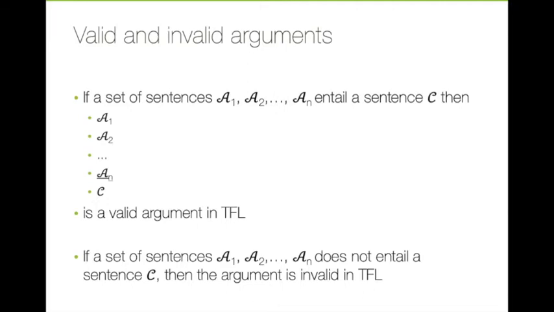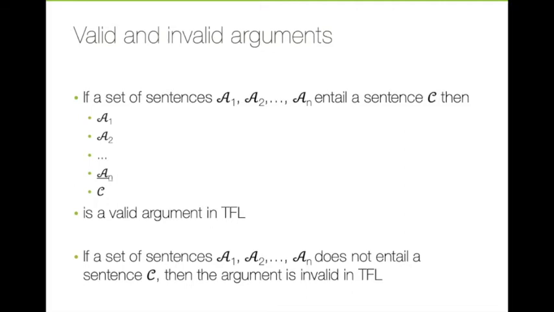So take this set of sentences A1 through AN. That's going to be our arbitrary number of premises. They entail some sentence C. If that's the case, then we can set them up in this way characteristic of an argument with the premises first, followed by the conclusion. And if A1 through AN entail C, then we have a valid argument in truth functional logic.